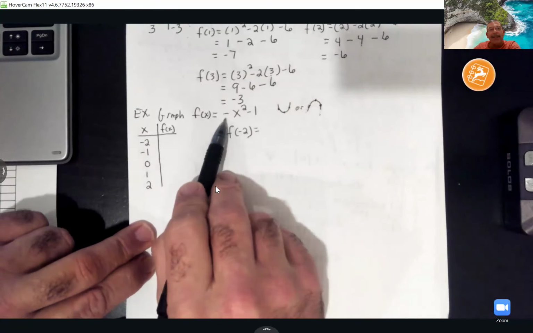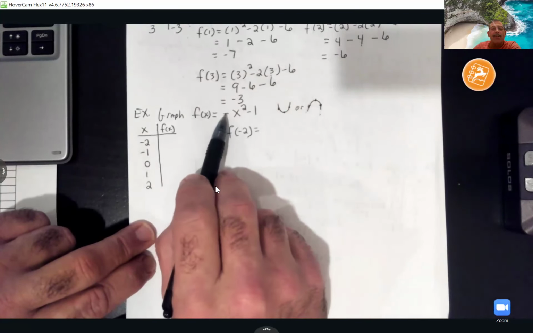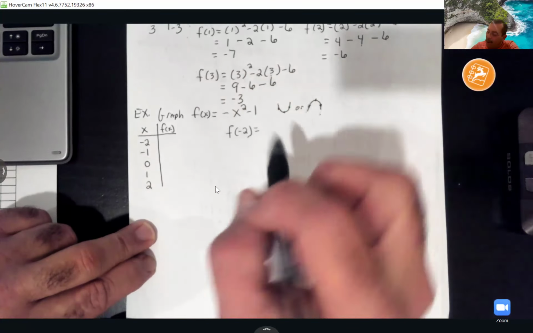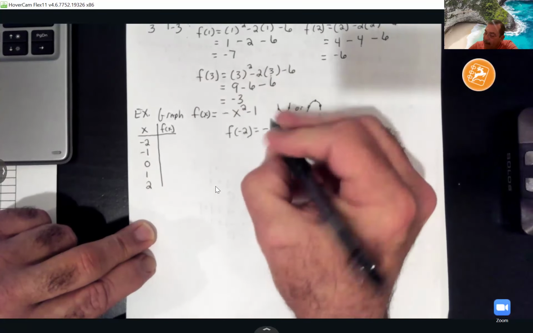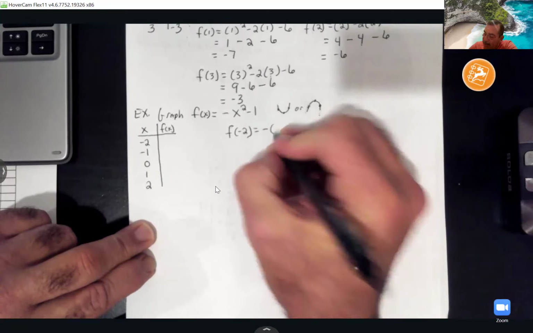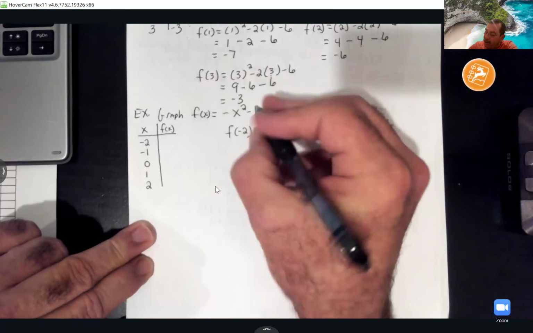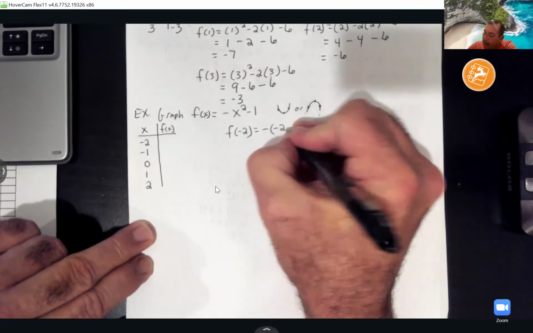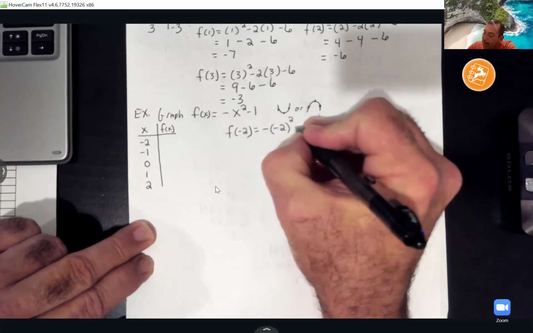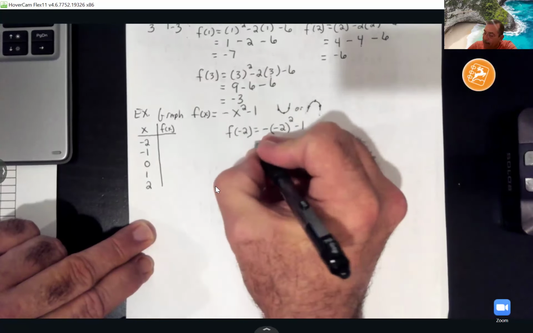Now, y'all see there's a negative in this formula. So bring down that negative no matter what. Now I'm going to put in my number, which is a -2. Square that, minus 1.